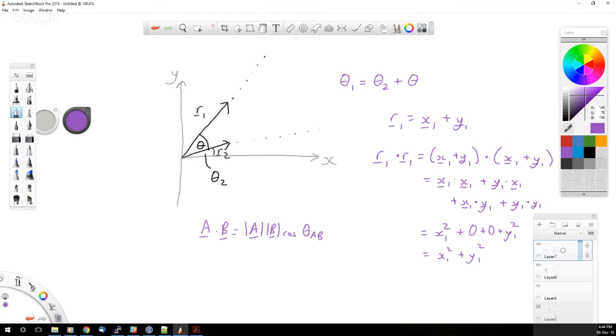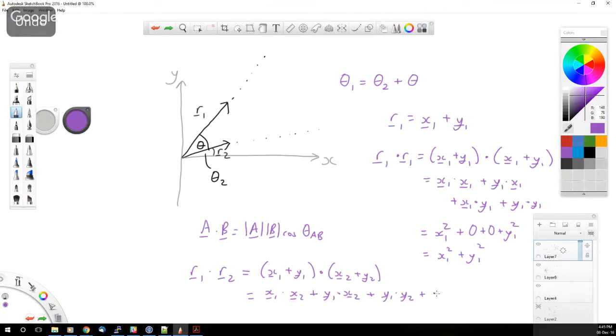And if we take instead r1 dot r2, so we have x1 plus y1 dotted with x2 plus y2, then we have x1 dot x2 plus y1 dot y2 plus x1 dot y2 and so on. And once again, the cross terms go to 0.